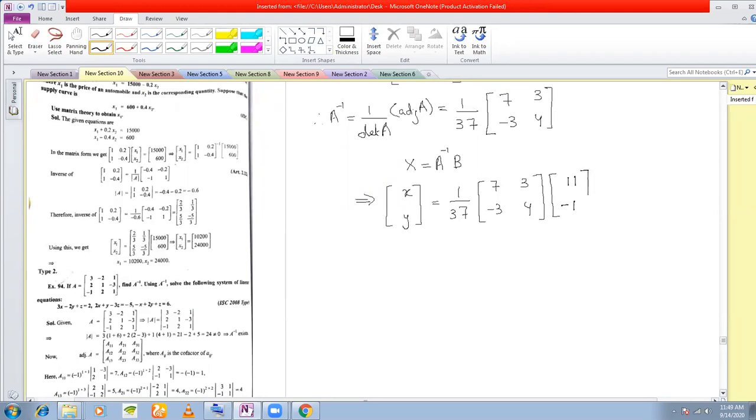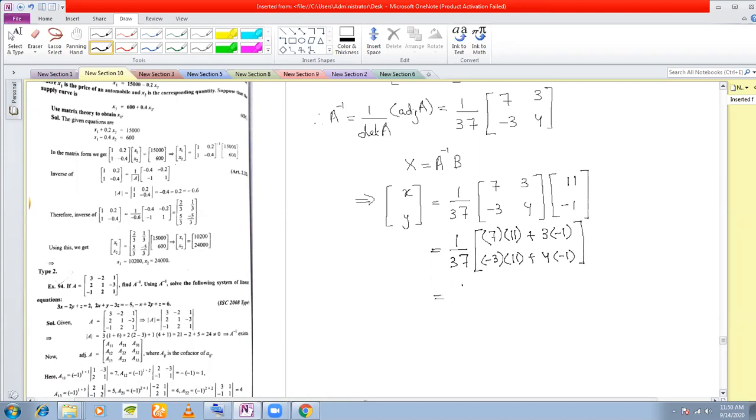Okay, so we multiply these two. 1 by 37 remains as it is. Multiply these two matrices. You get 7 into 11. First row, first column, 7 into 11 plus 3 into minus 1. Next, minus 3 into 11 plus 4 into minus 1.